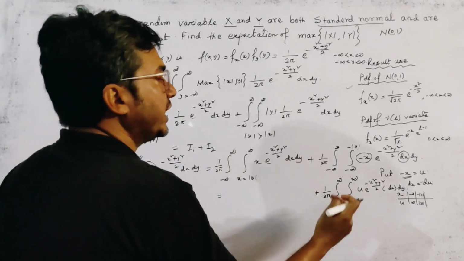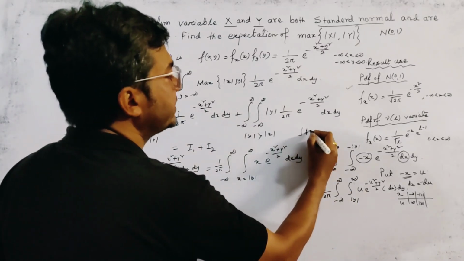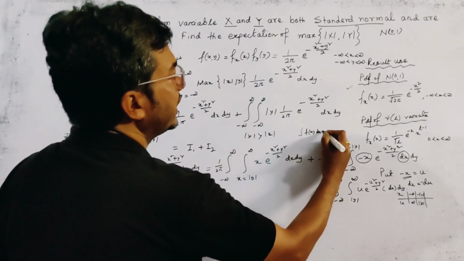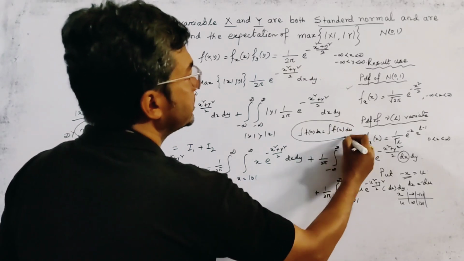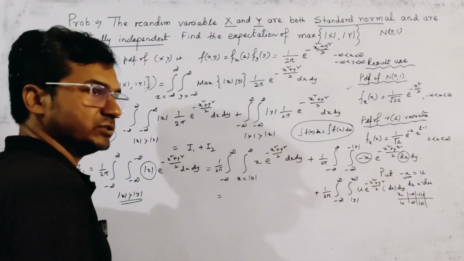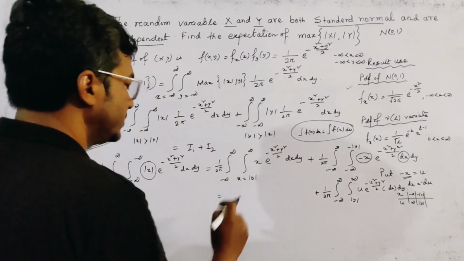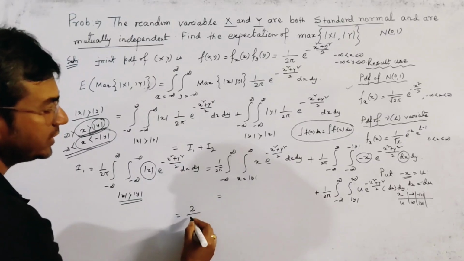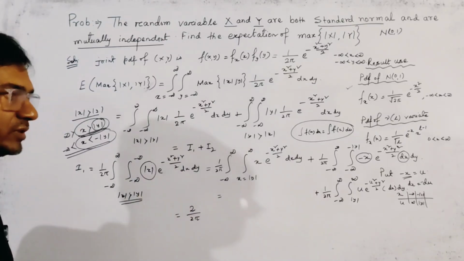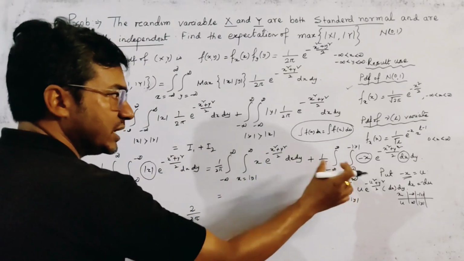And since we know that integration of f(x) dx and integration of f(u) du give the same value over the same range, we can write our integration as 2 by 2 pi, because this and this are the same.